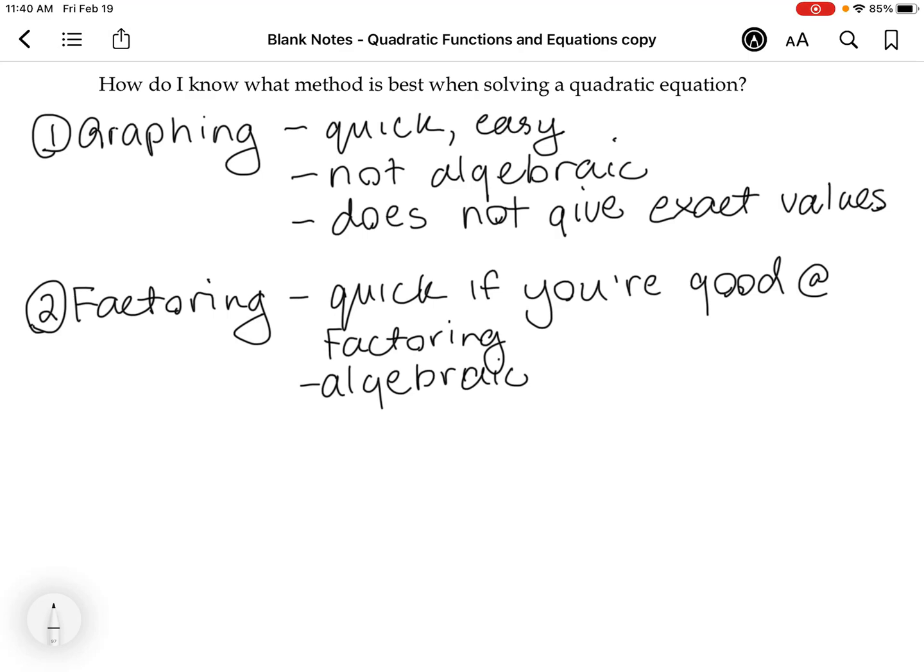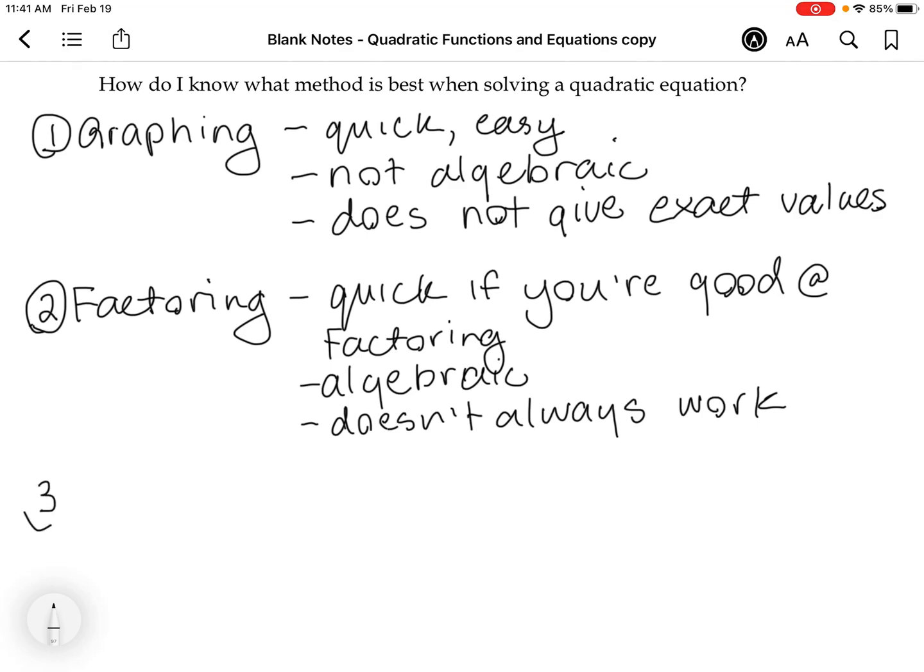Okay, the problem is though it doesn't always work. Right? It only works if you have rational solutions. If you have an answer or solution that is irrational, it means you can't factor that trinomial, and then this method won't work for you. Okay?